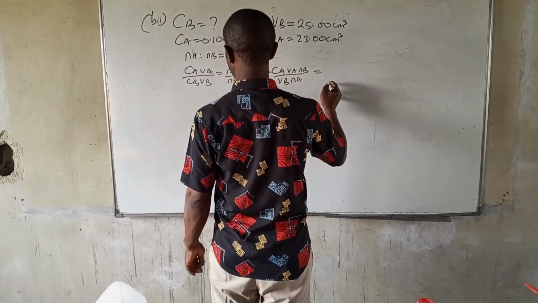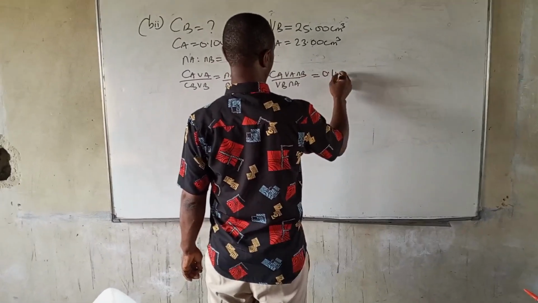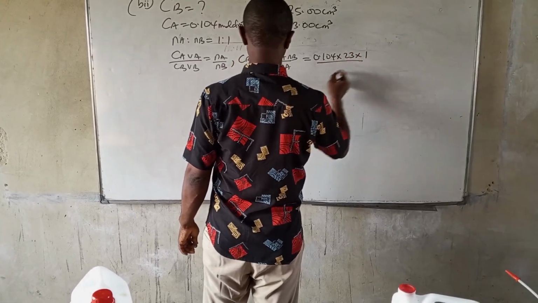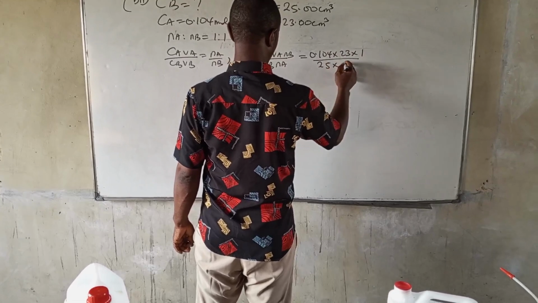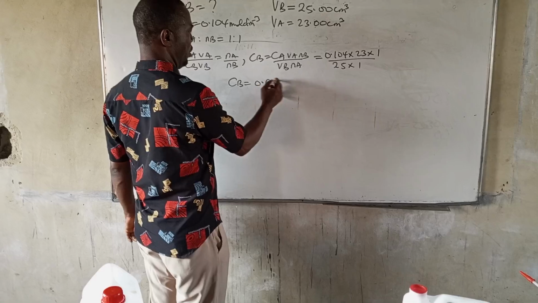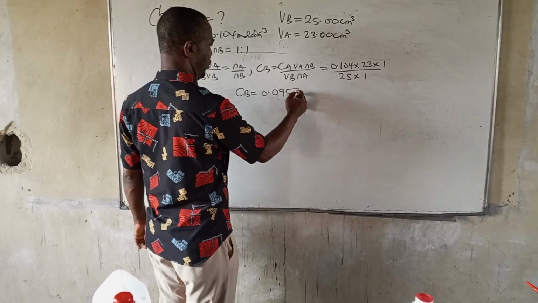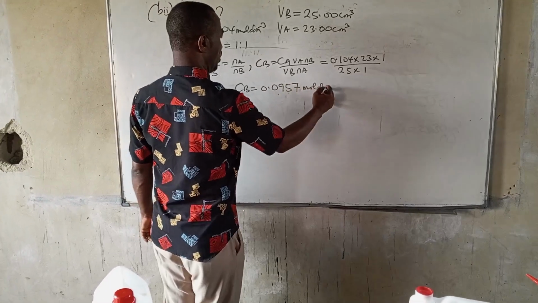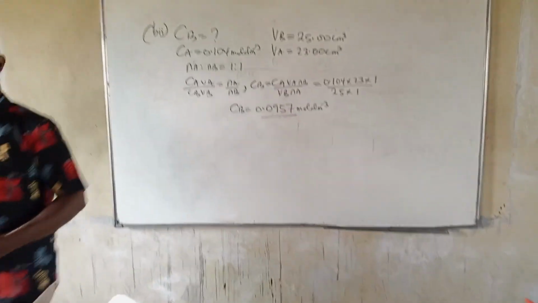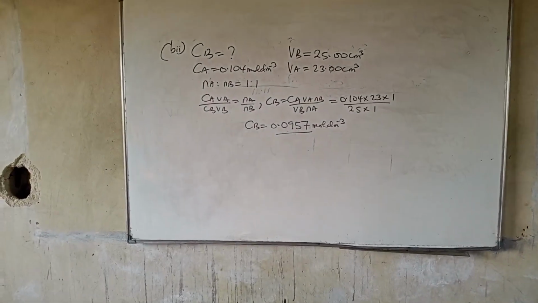CA is 0.104, VA is 23, NB is 1, all over VB which is 25, NA is also 1. When you solve that, you have 0.0957 mole per dm cube, the answer to 3 significant figures. You see that? So go to the third question.